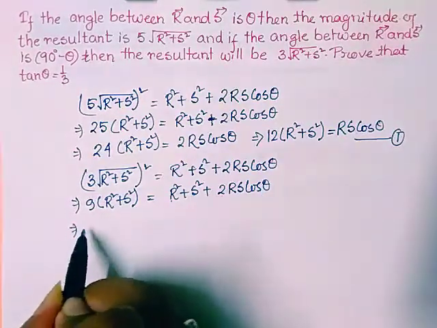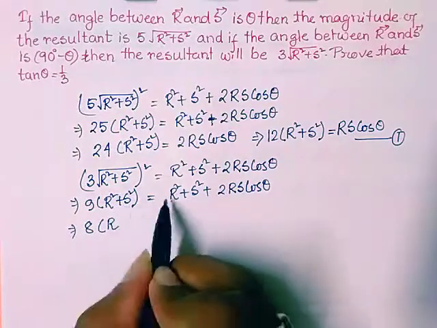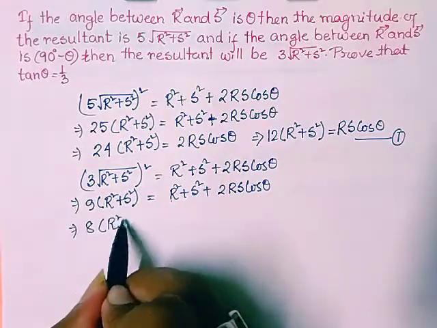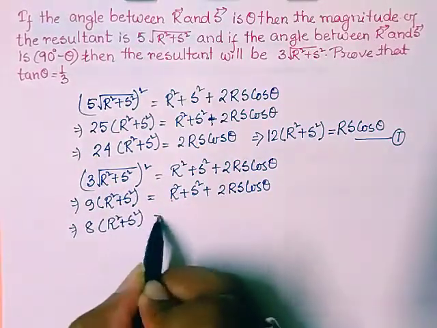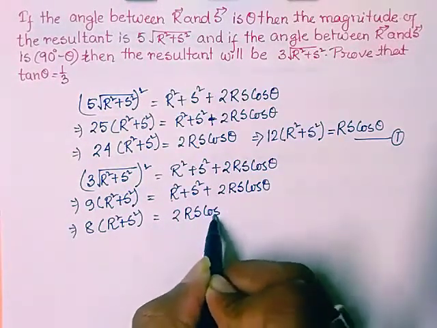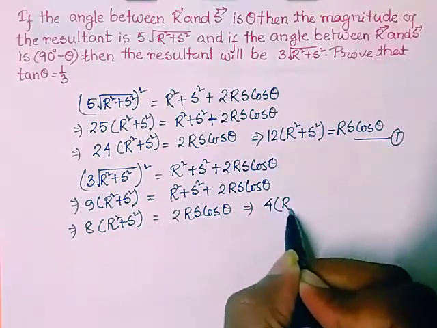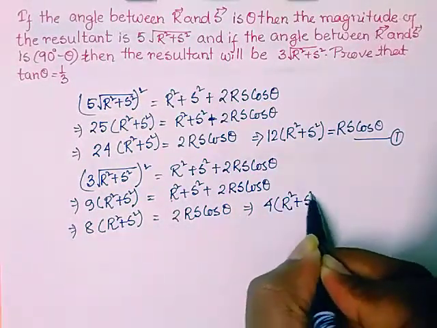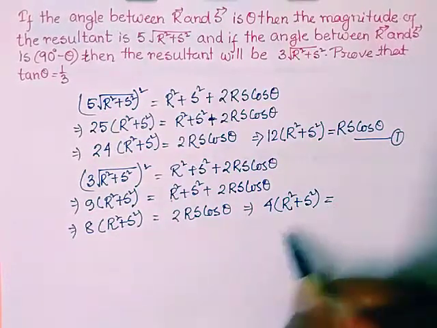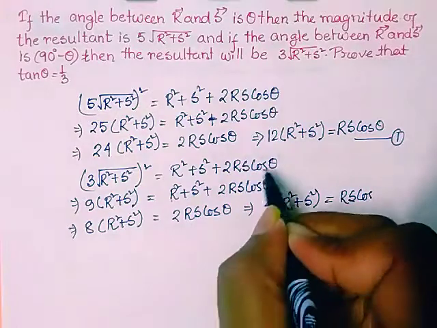So if I just take it on the left hand side and subtract it, it will become 8 R square plus S square equal to 2RS cos theta.